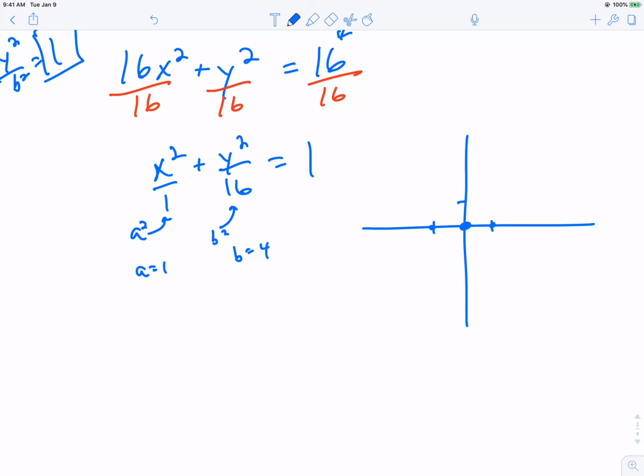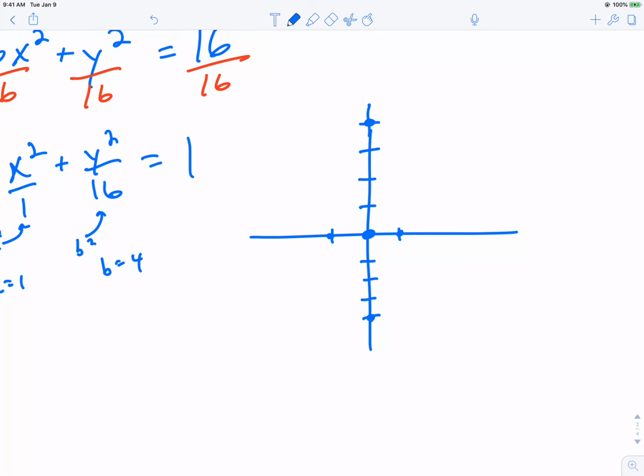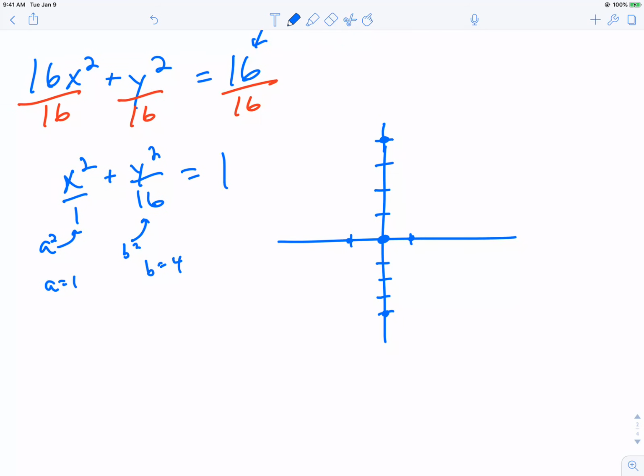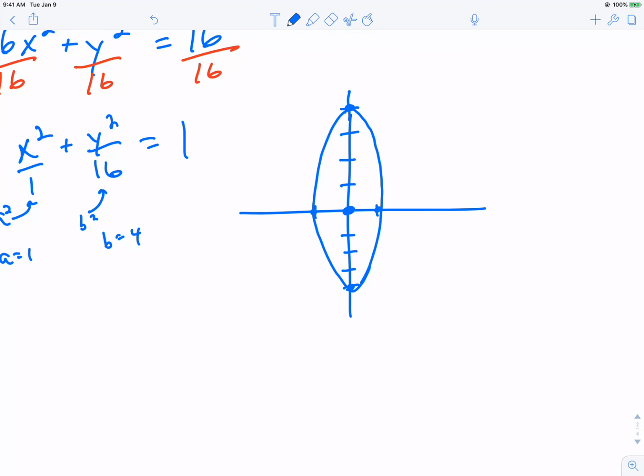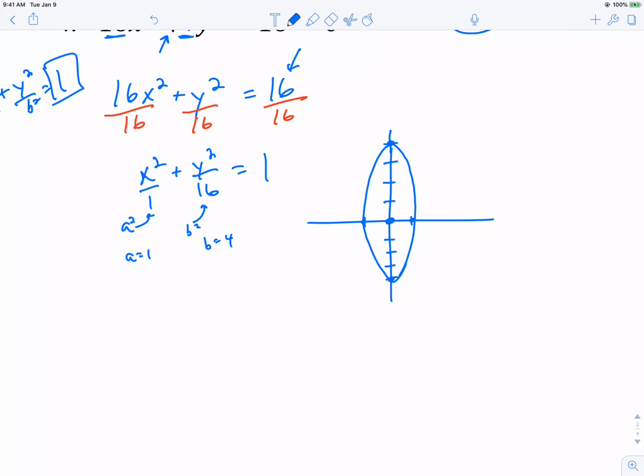In the y direction, I go 4. This thing's going to be pretty oblong. So my eccentricity will be closer to 1. It's not going to really be near 0. This is not circular in the least. Okay? So then when I draw this thing, it's going to be a very long and skinny surfboard-looking ellipse. If I spaced my axes properly, it would look a little better. But there it is.